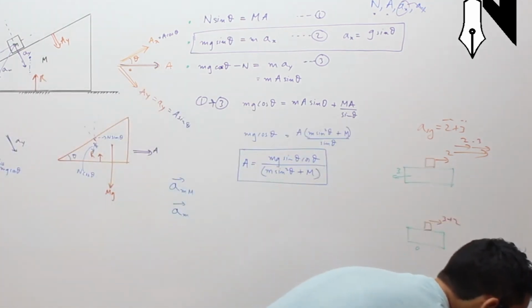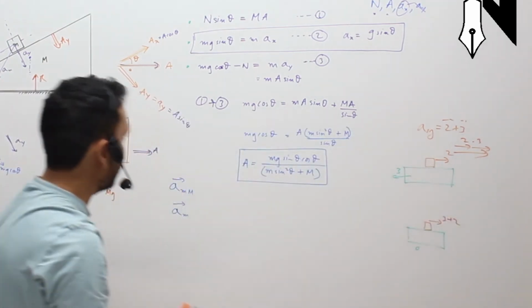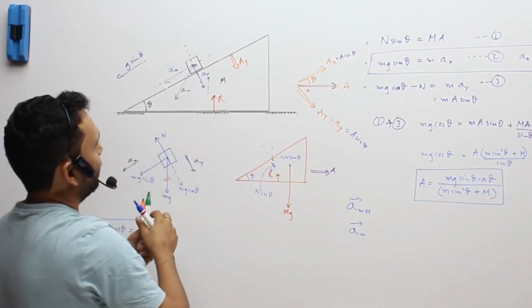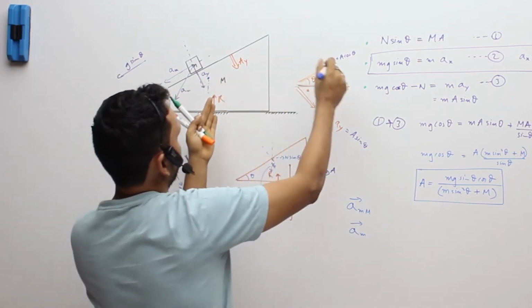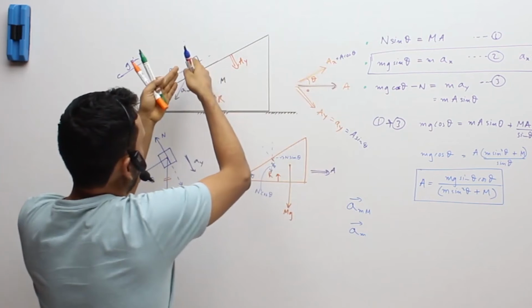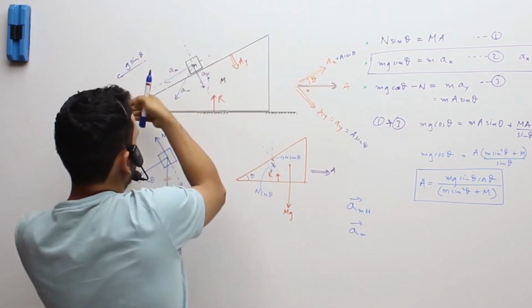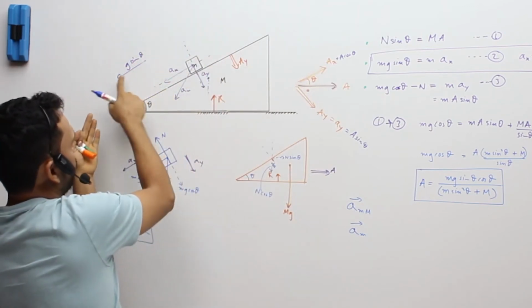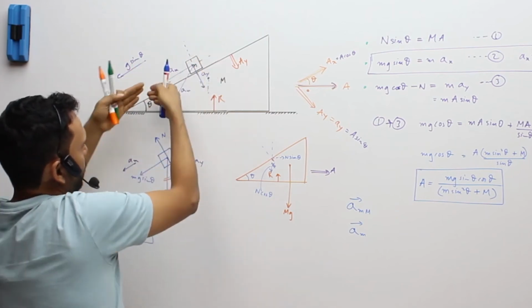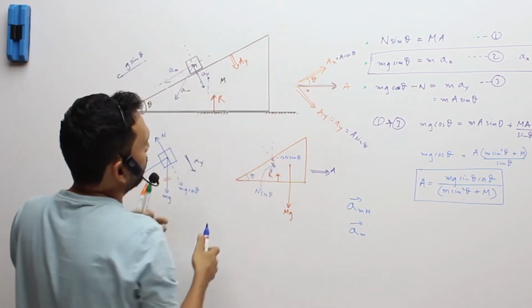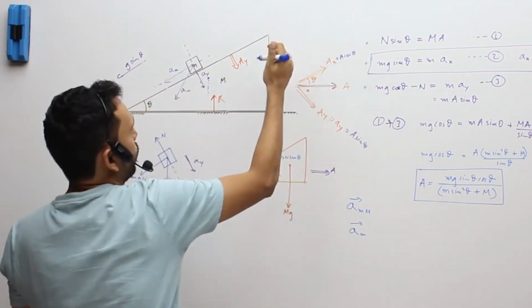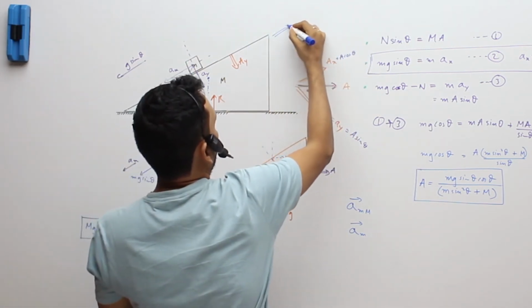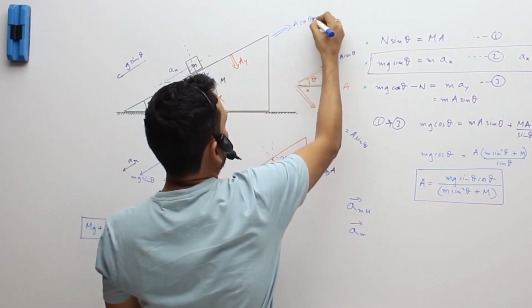So over here, what had we discussed? We had said that this wedge itself is going this way with capital AX. And the block on the wedge is going along the wedge with small ax. That was g sine theta. It was going down with g sine theta, but the wedge is going up with capital A cos theta.